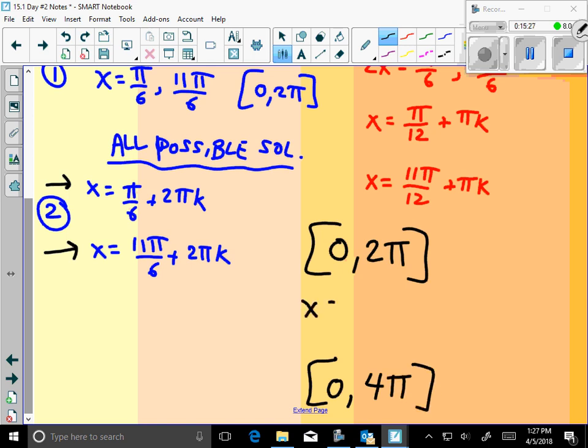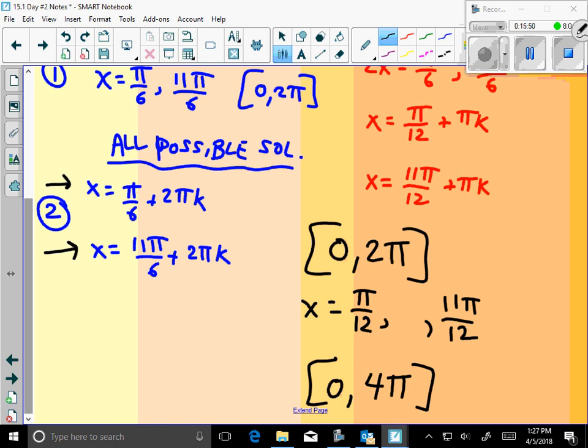What would our solutions be in 0 to 2 pi? I know 2 of them. Pi over 12, and what else? 11 pi over 12. So we add pi to both of those. What pi is the same as how many pi over 12? 12 pi over 12.